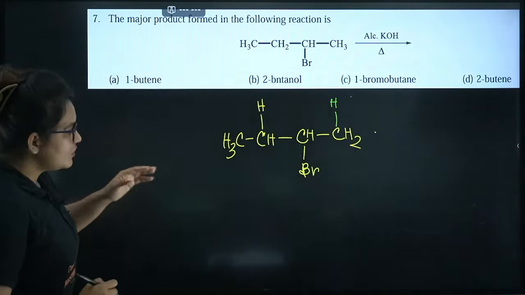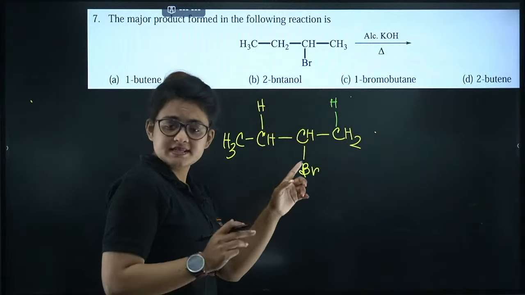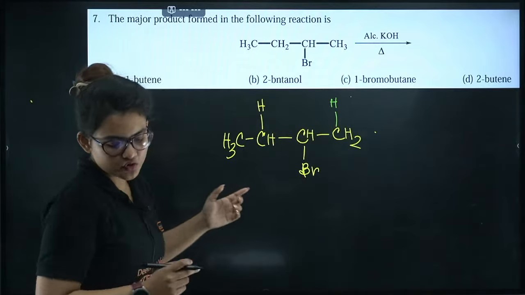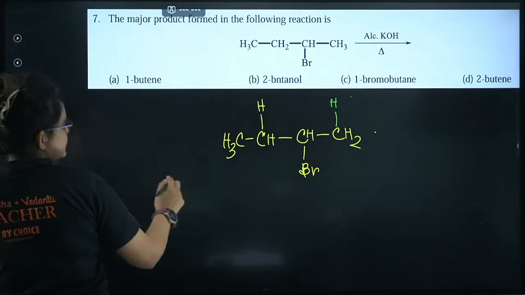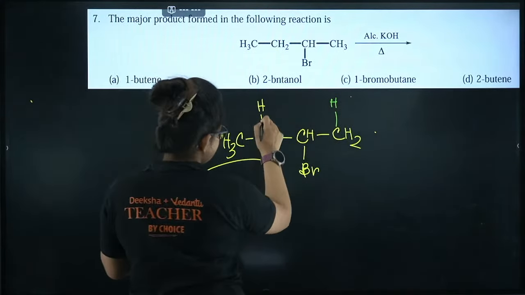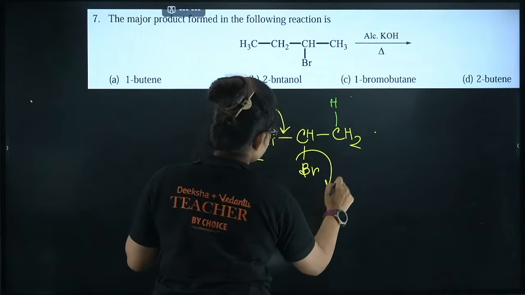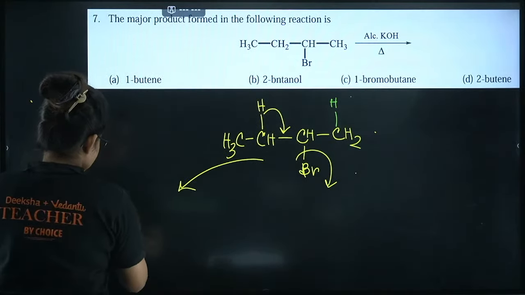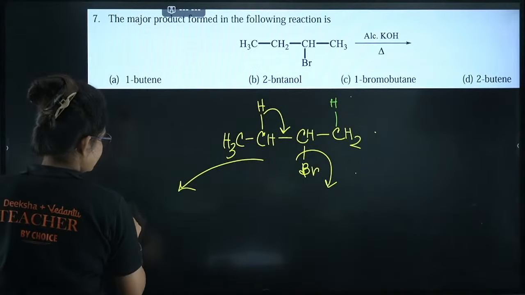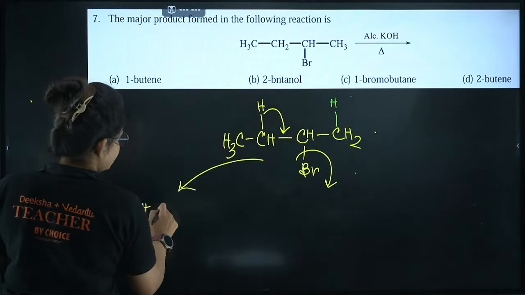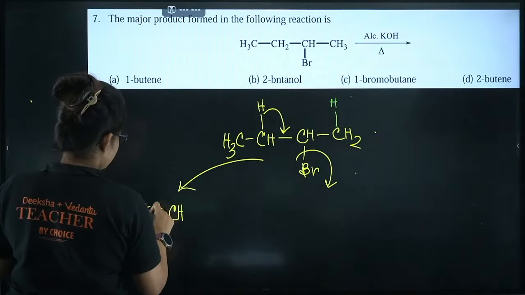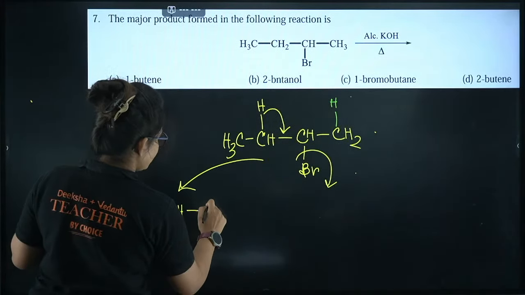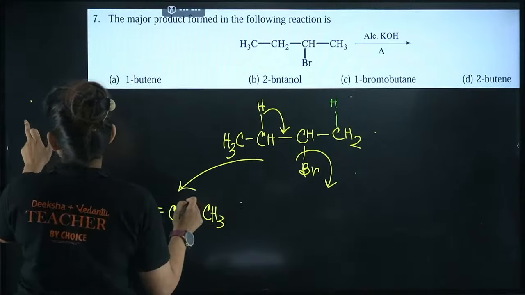Okay, so now whenever the elimination takes place, it can happen in two different ways. Let me show you two different ways at first. The first, you can see this hydrogen will jump here, this bromine will go off. CH3, here CH double bond, CH, here CH3.